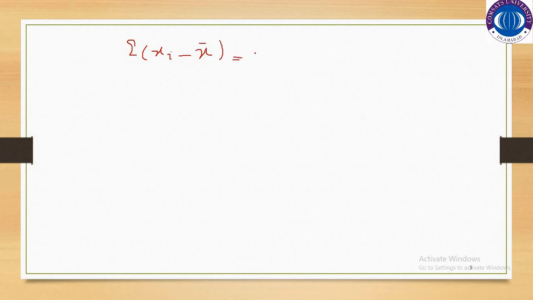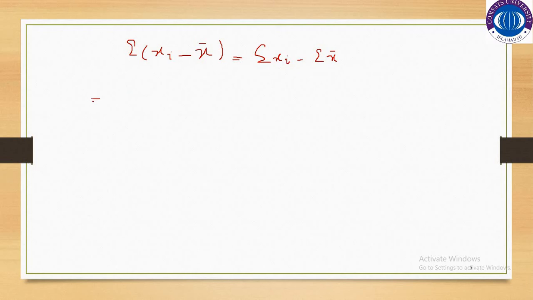By taking the summation sign inside the bracket, it will be summation xi minus summation x bar. This x bar is basically a constant, because this is a single value and the sum always applies to the variable.